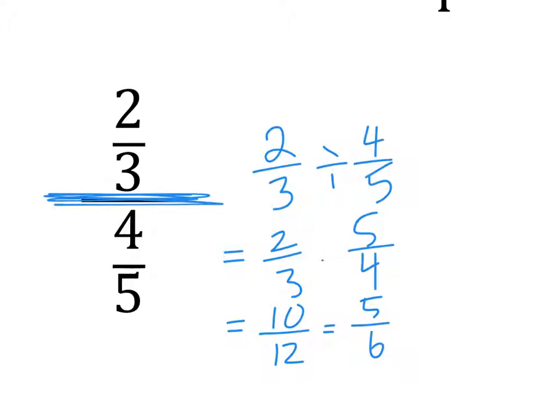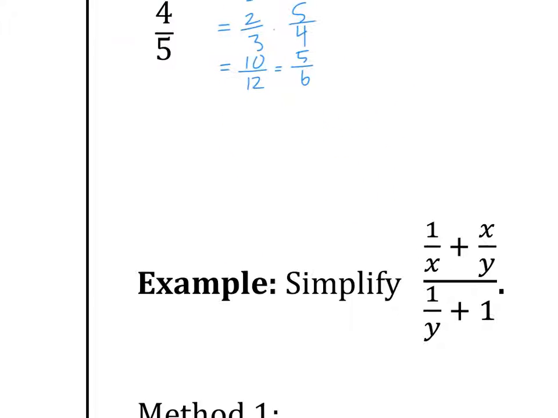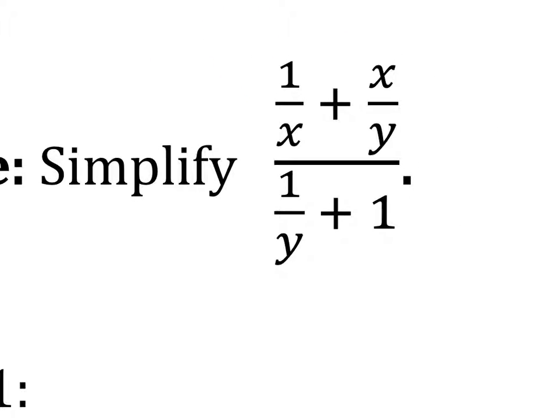So we know that it's 2/3 divided by 4/5. I want you to mentally flip this fraction up and then just multiply right away. Just save a step because you don't want to write this extra step out. Good? Okay.